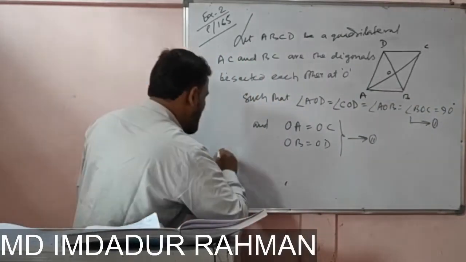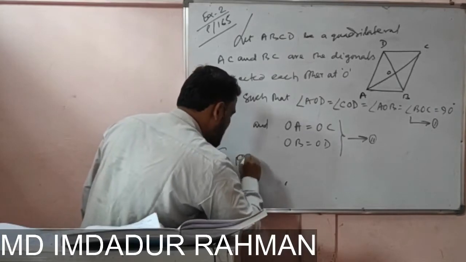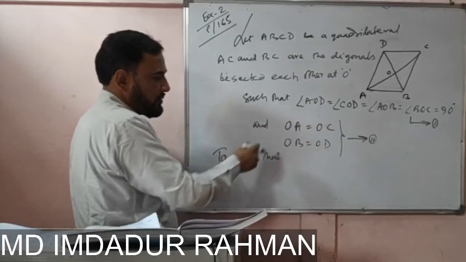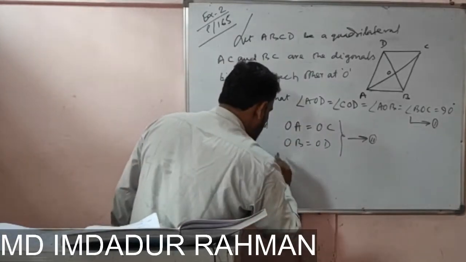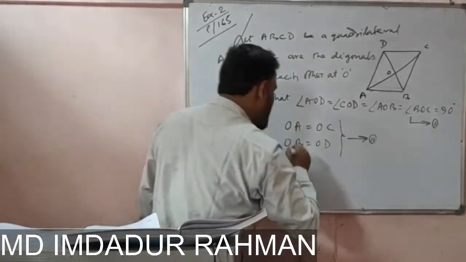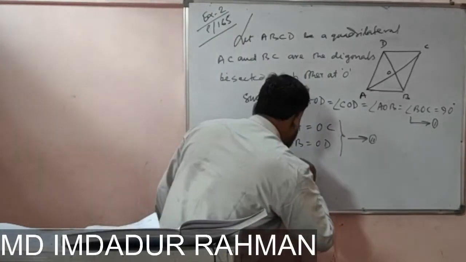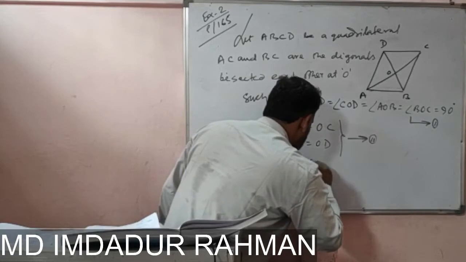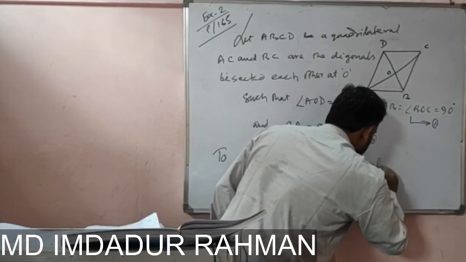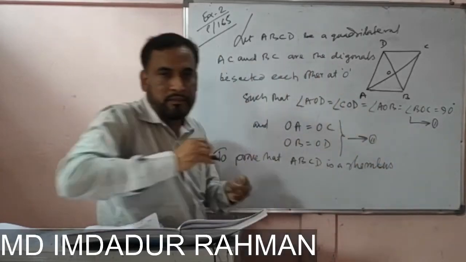To prove that, what is to prove? Using these, we will prove that this ABCD is a rhombus.